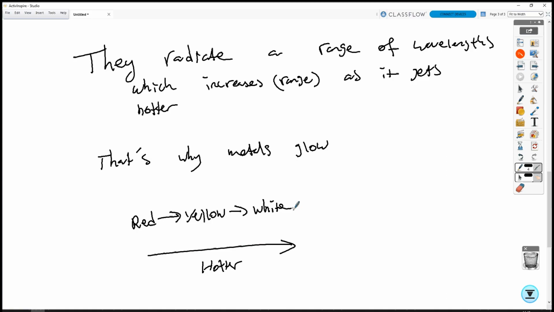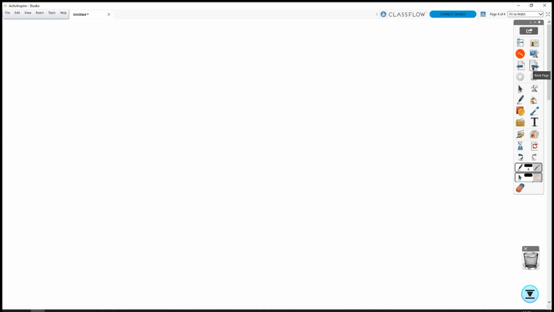So in classical terms, this led to something called the ultraviolet catastrophe. So we start a new page. So the classical approximation using classical physics, Rayleigh-Jeans came up with a formula that looked at the power density of the electromagnetic radiation.